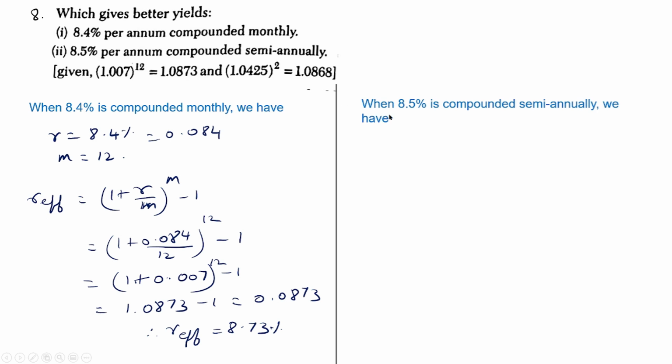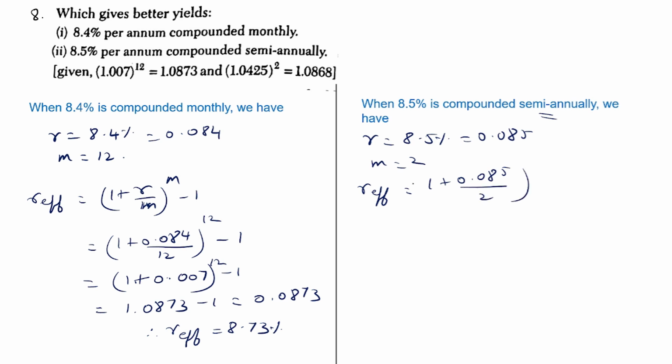Next, when 8.5% is compounded semi-annually, we have R is equal to 8.5% or 0.085, and M is equal to 2, since it is compounded semi-annually. In this case, the effective rate of interest will be (1 plus 0.085 upon 2) the whole square minus 1.